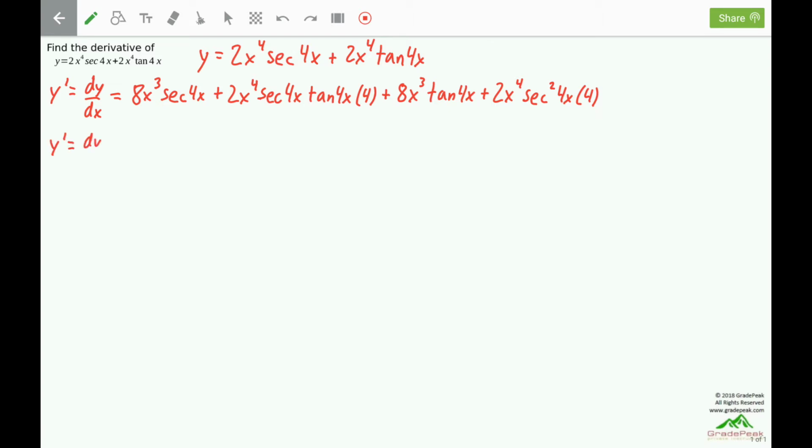So the next step I'm going to do is bring this 4, it'll multiply out front with that 2, and likewise with this 4, it'll multiply out front with that 2. This first term I'm going to leave the way it is. It's 8x cubed secant 4x. Then we have, bringing the 4 out front, 8x to the fourth secant 4x tangent 4x.